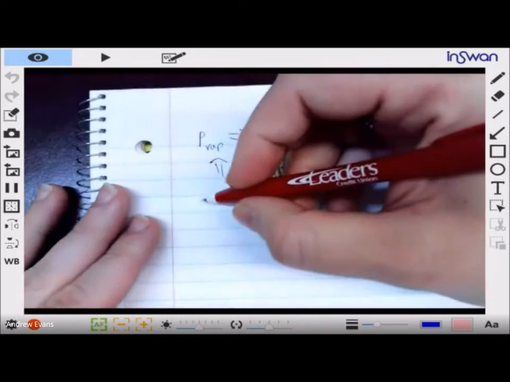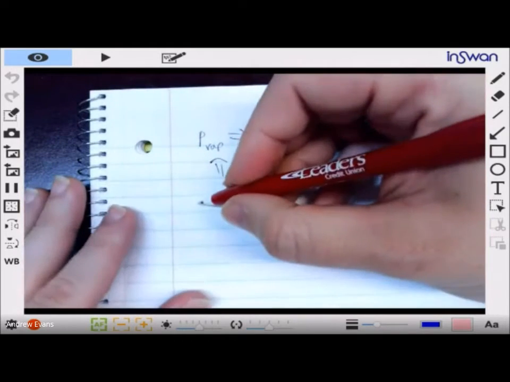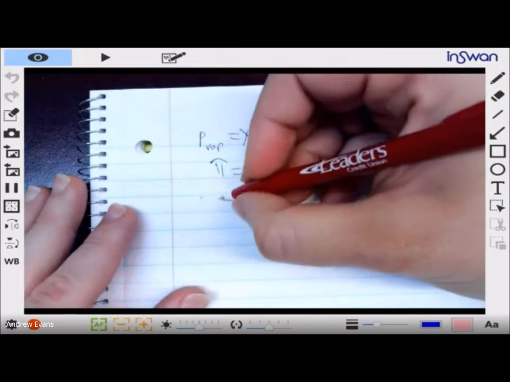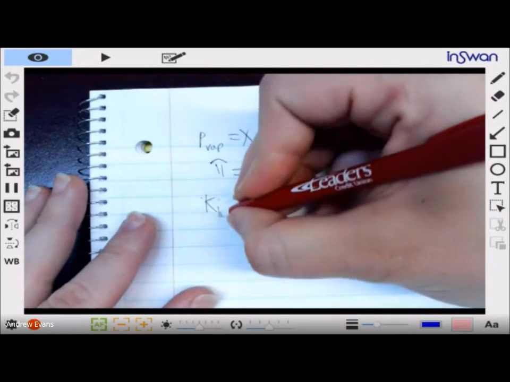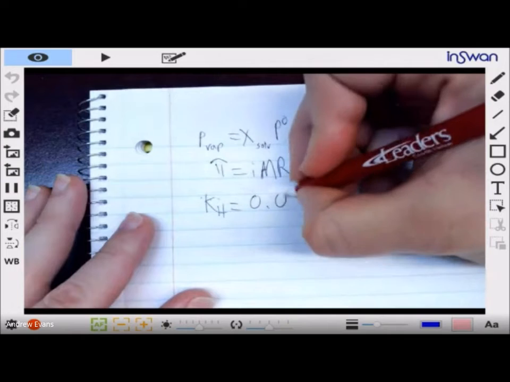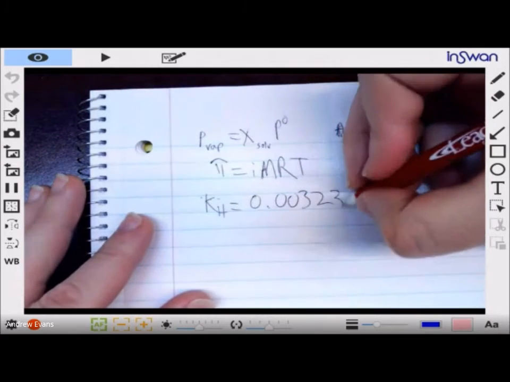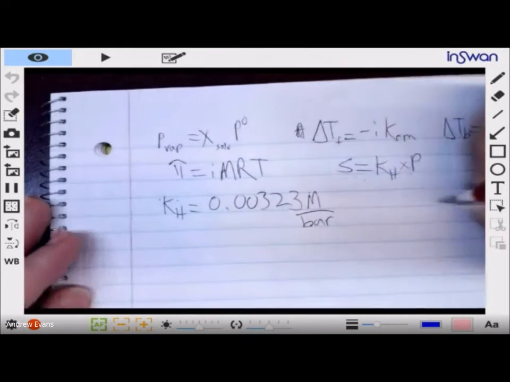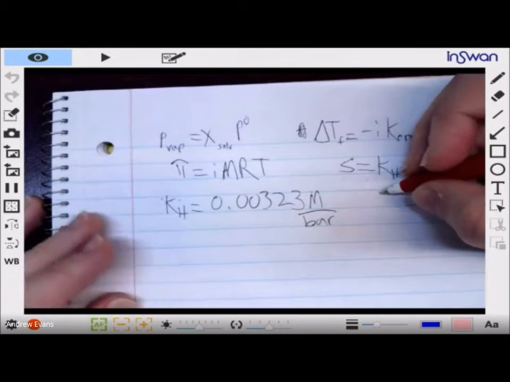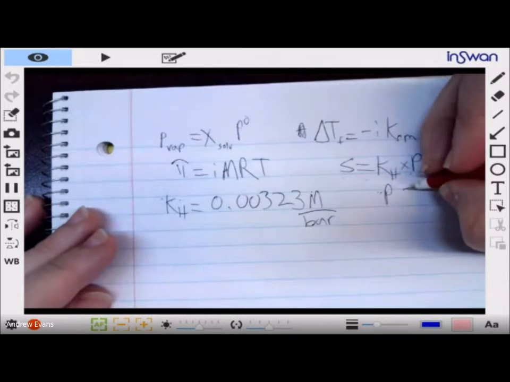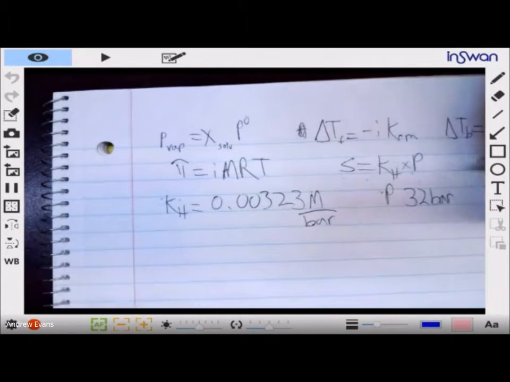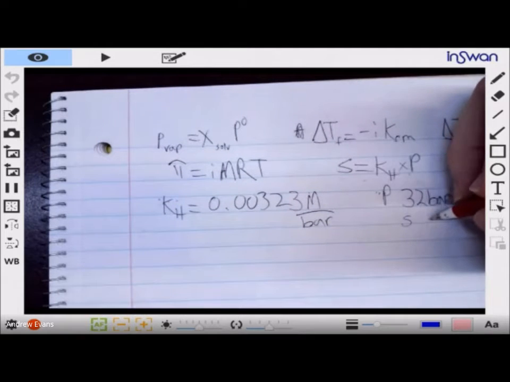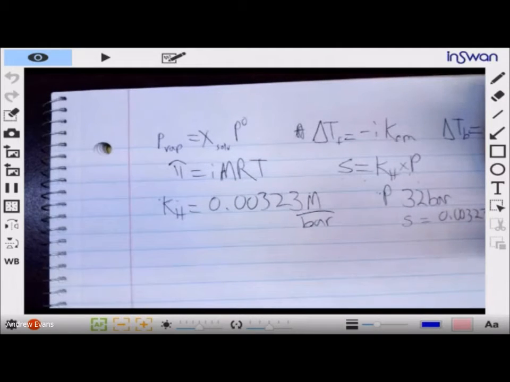If I have a constant that says KH is equal to 0.00323 moles per bar, and I say I have pressures of 32 bars of whatever the gas is, to figure out the solubility is just going to be 0.00323 times 32.